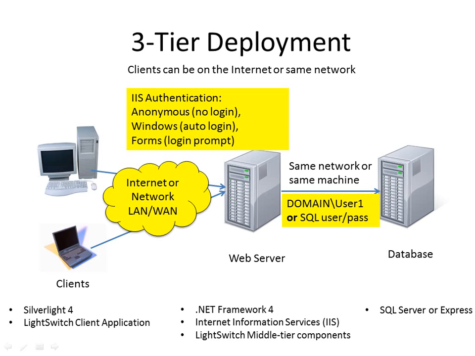We can choose to have no login or no authentication, which means that IIS will allow anonymous access to the application. We can choose to use Windows authentication, which means that Windows credentials are passed to the web server, which authenticates that way. This is appropriate if you have all Windows clients and they're on the same network or corporate domain. Whatever credentials the user uses to log into Windows are passed automatically, and this is the most secure option.